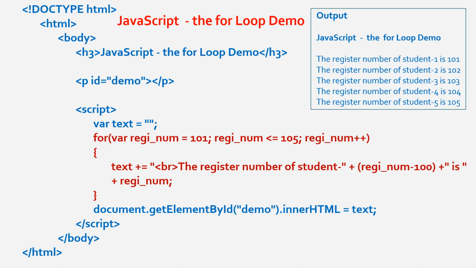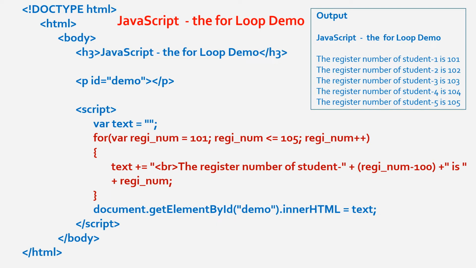To understand how we can use a for loop in JavaScript, the same program we can modify and rewrite using a for loop. So what we have to do is the initialization step, which we mentioned outside of that while loop, we have to put here, that is register number is equal to 101.